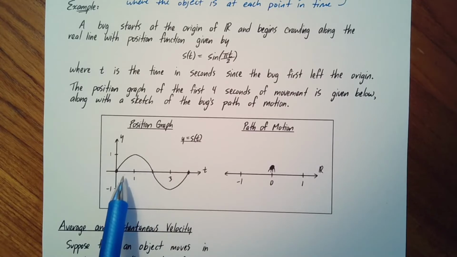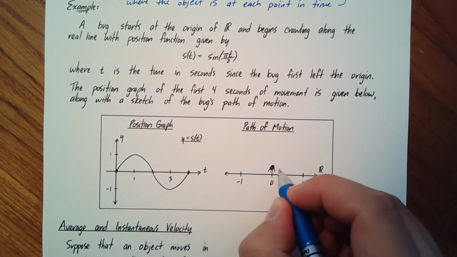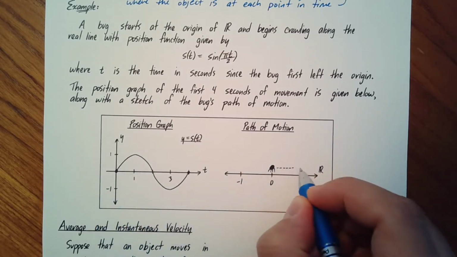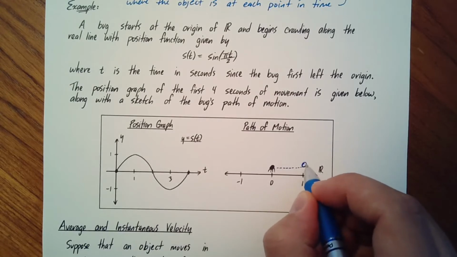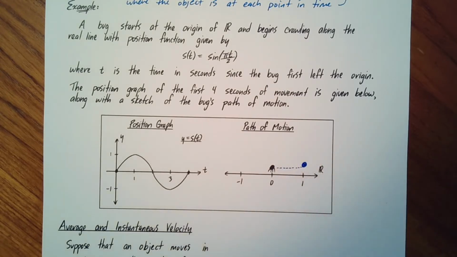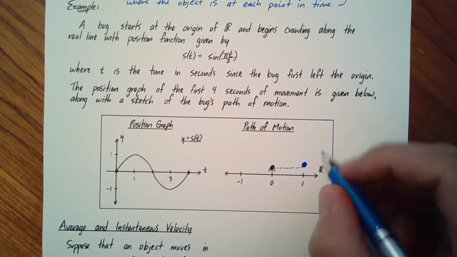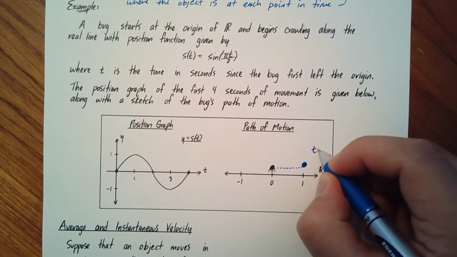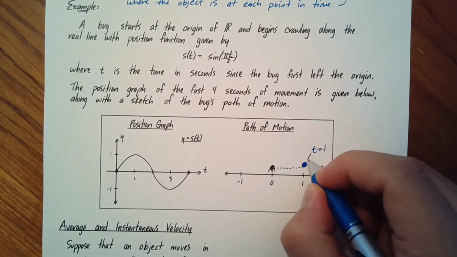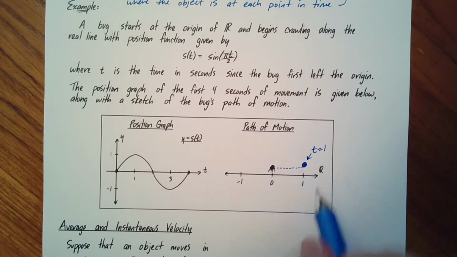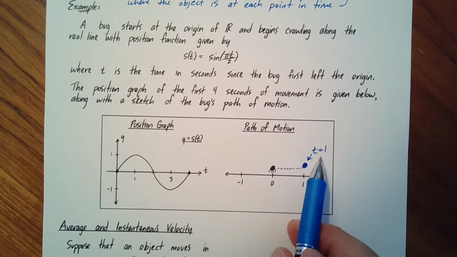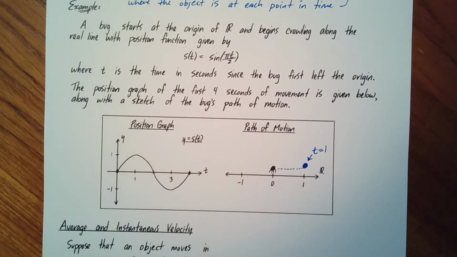So really what that means is during the first second of motion, the bug is walking over here, and then it gets to the point 1 on the real line. Okay, so let me just include this t equals 1, and I'll draw an arrow just to indicate that this is where the bug is at the point in time t equals 1, right at the end of the first second of motion.